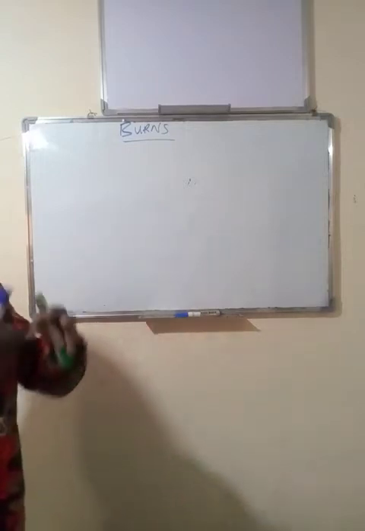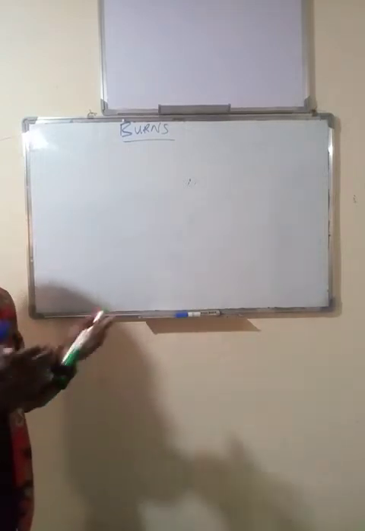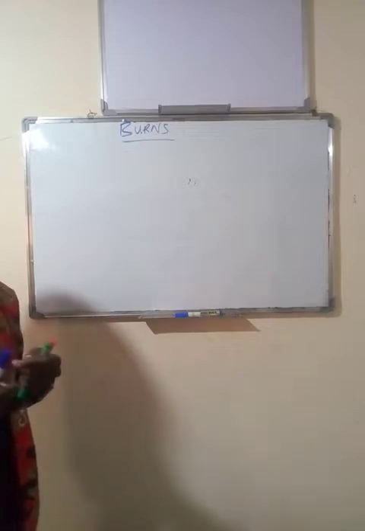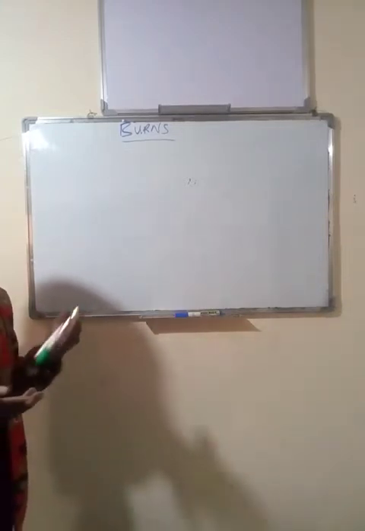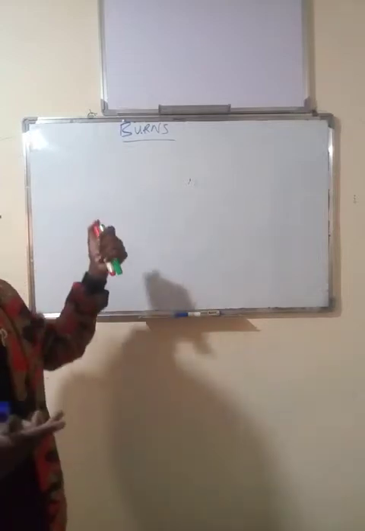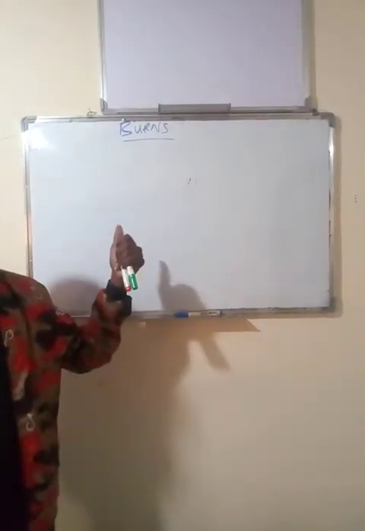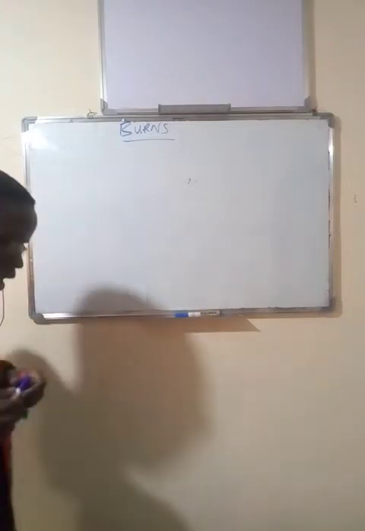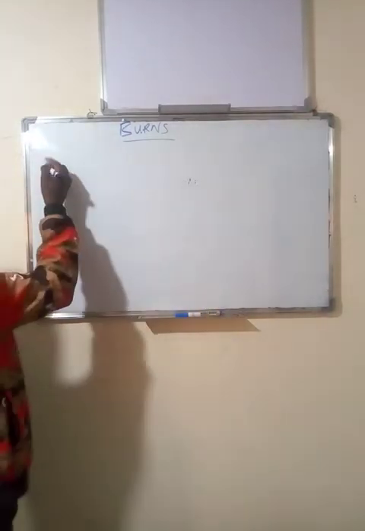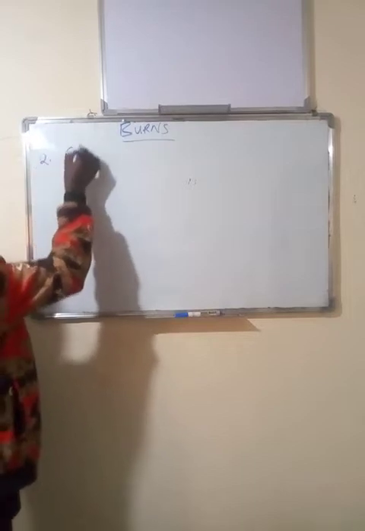Then we are now looking at that external agent, which we are calling the causes of burns. Number one, we talked about extremes of temperature, where we have very high temperatures, which cause thermal burns, and very low temperatures, which cause frost burns. Then number two, we have chemical burns.